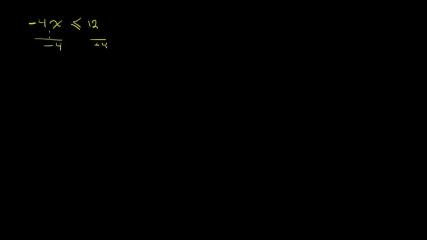Since we are dividing the number by a negative number, we need to swap the sign. So x is greater or equal to minus 3. Let's see what it looks like on the number line.